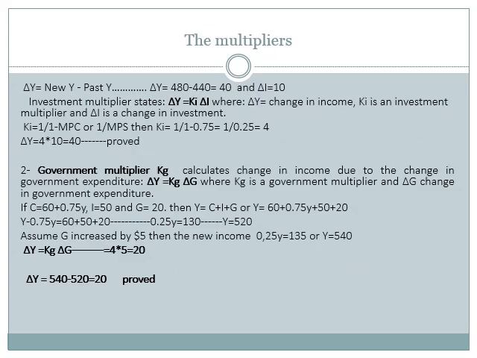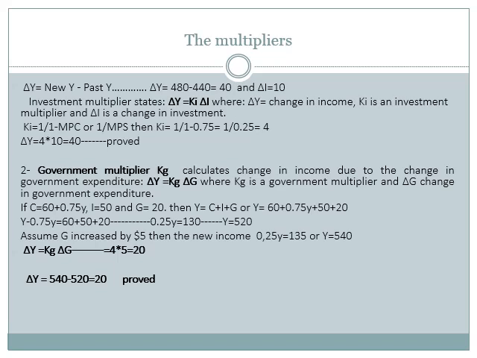Please follow these instructions using paper and pen. Now, delta y, or the change in income, equals the new income minus the past income. Delta y equals 480 minus 440, which is 40.